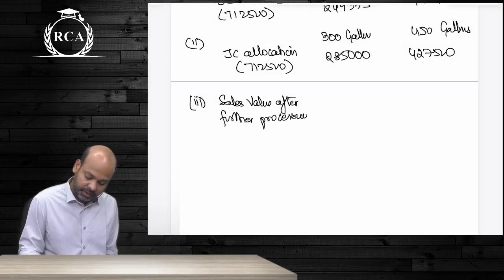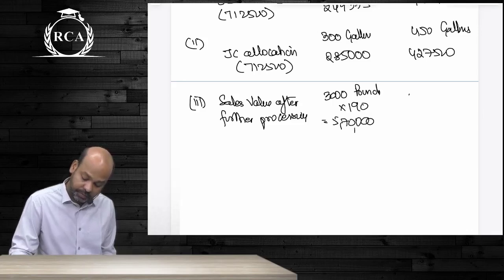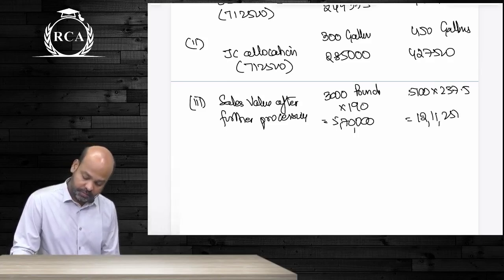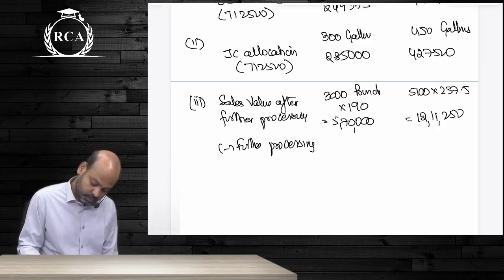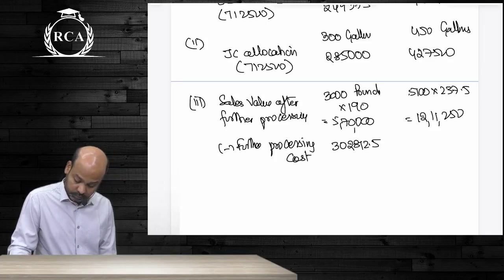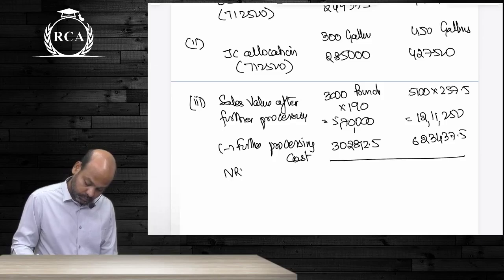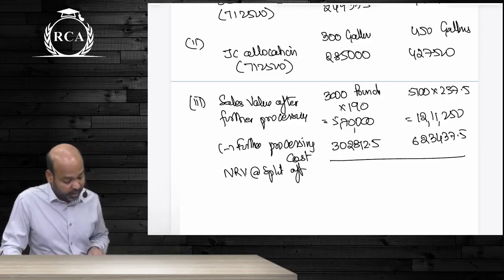After further processing, sales value will be 3,000 pounds into 190, 5,70,000, and 5,100 pounds into 237.5, 12 lakh. From this you will deduct further processing cost. This will become NRV at split off point.